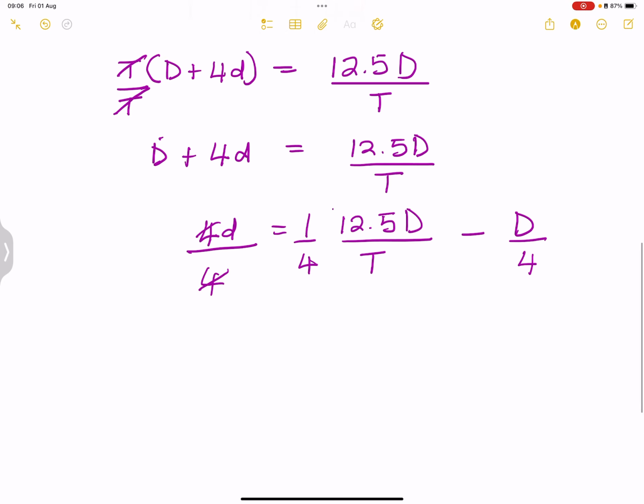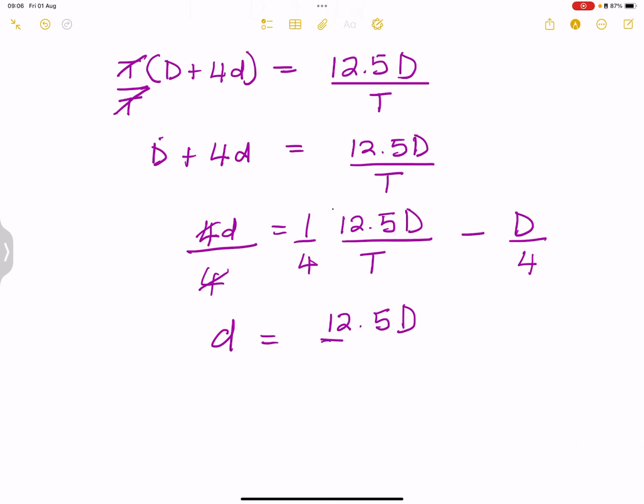That's d is equal to 12.5, sorry, so that's 12.5D. Oops, I keep writing the wrong thing there.